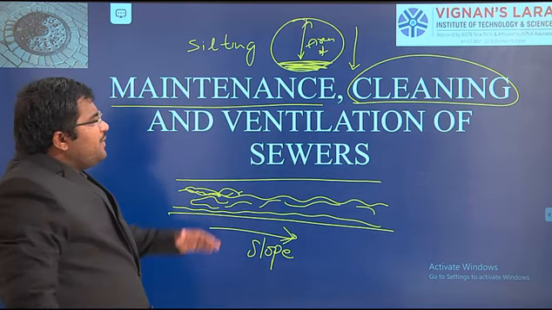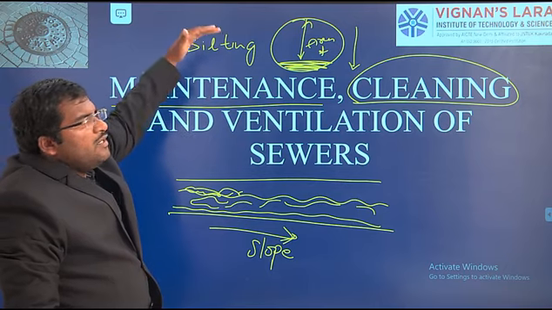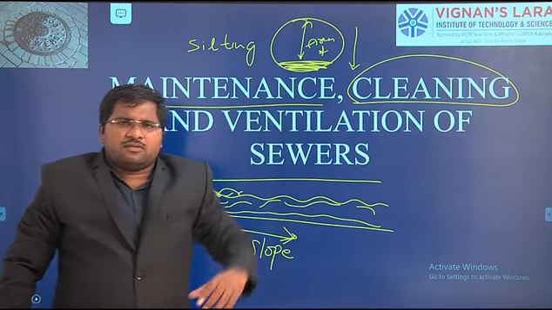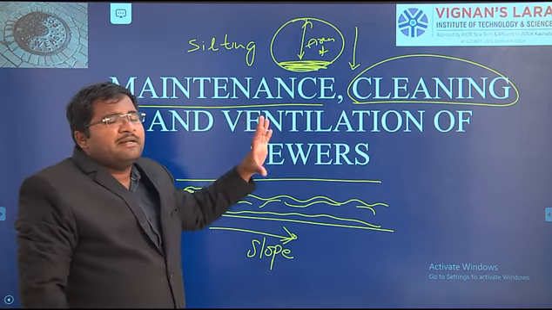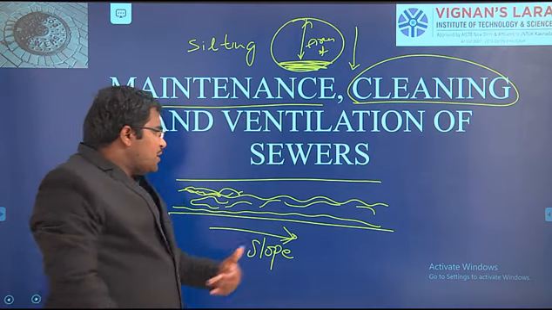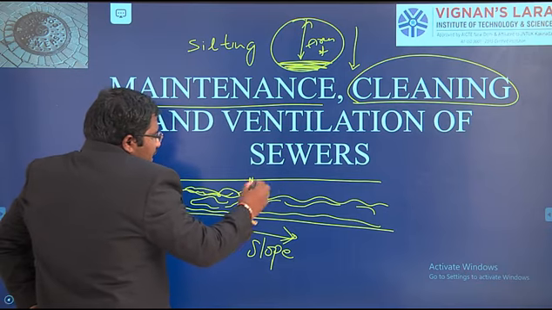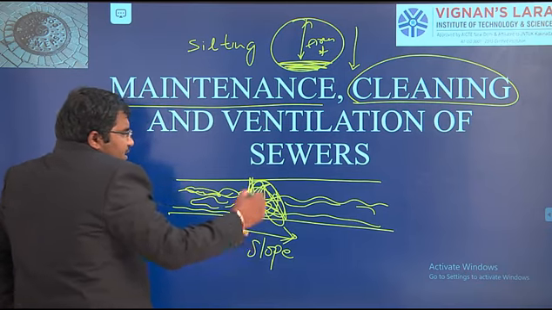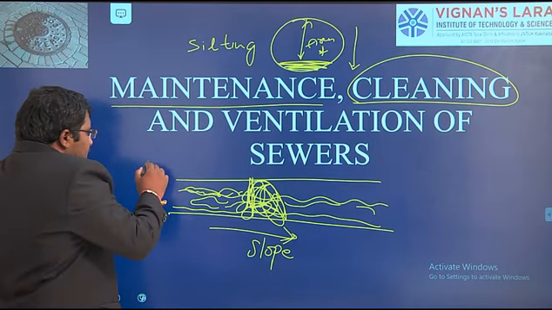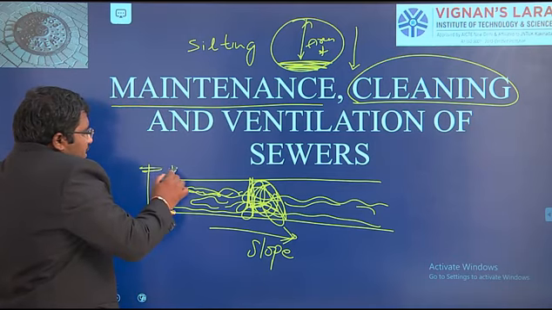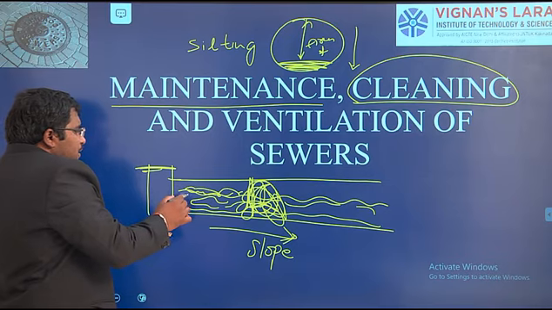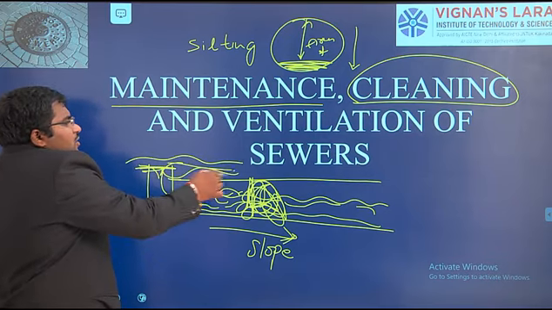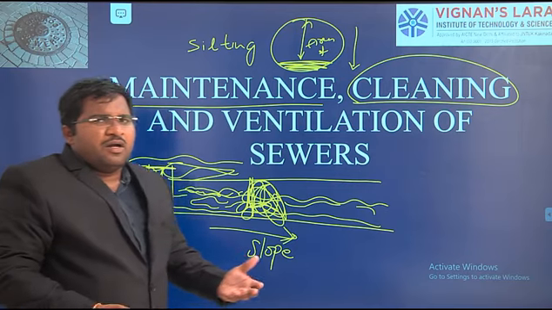If it continues right up to the top, the pipe will get completely clogged. Suppose the clogging is in this portion, then the flow is completely restricted. If there is a manhole here, the water rises, comes out and floods all the roads.